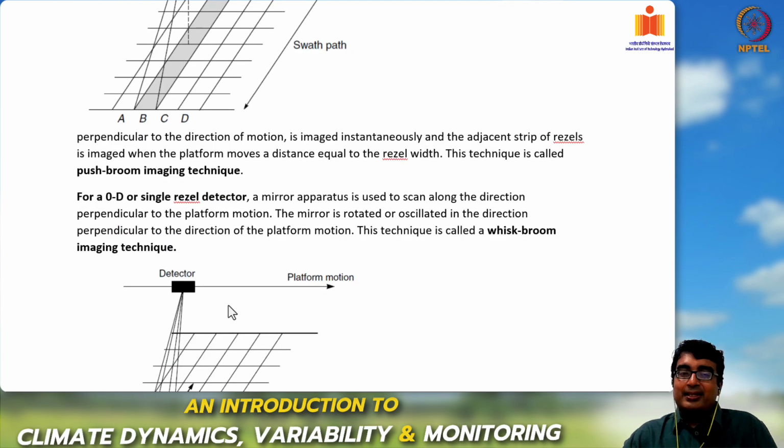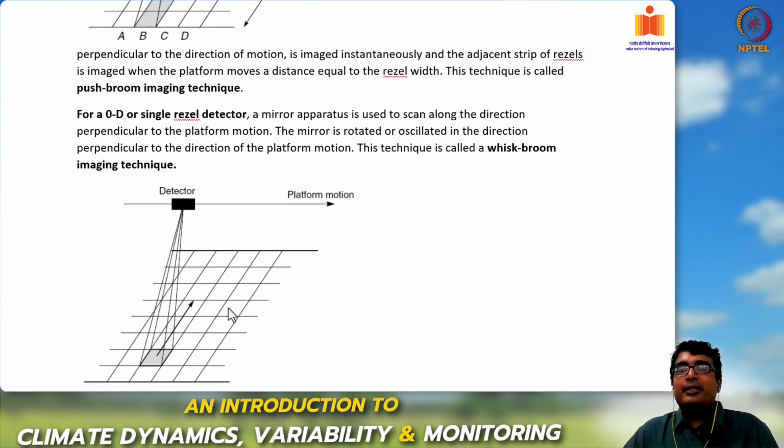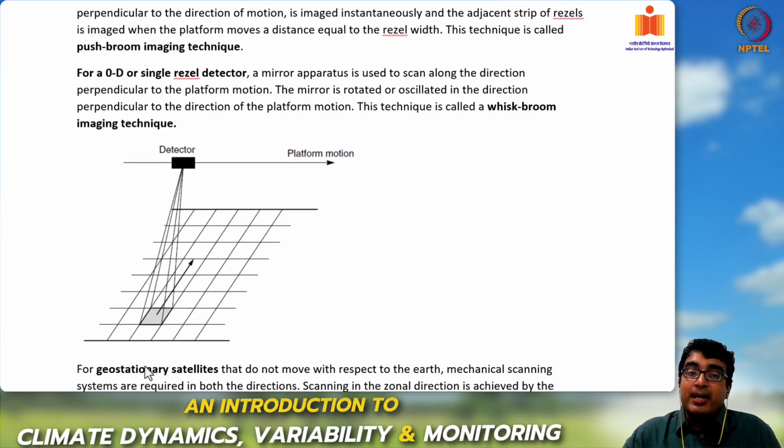There are certain sensors that have a single detector, hence it is detecting only a single square area of results at a given instant of time. In this case, we need a system of mirrors that can collect data from the results perpendicular to the direction of motion of the satellite, that is along this column.